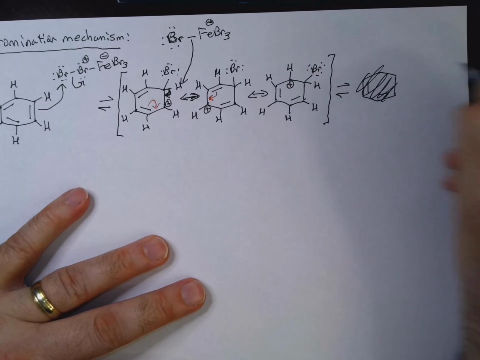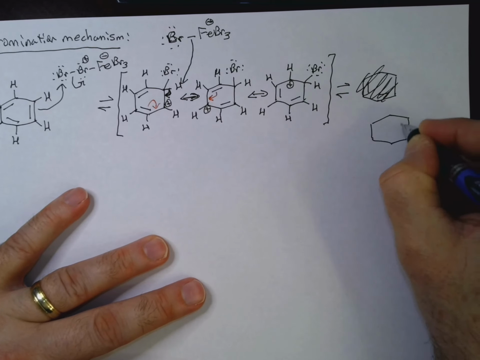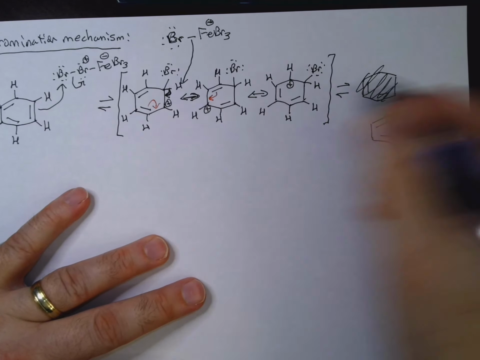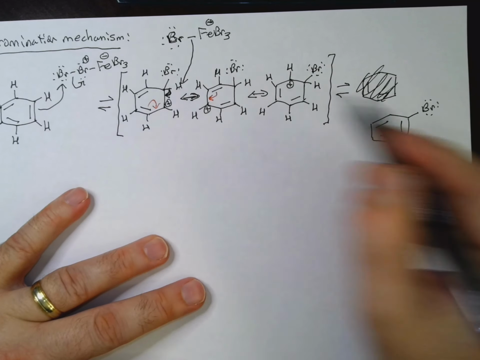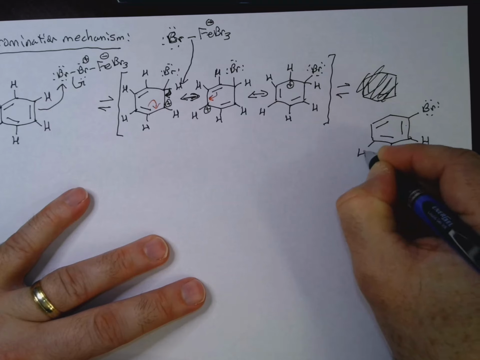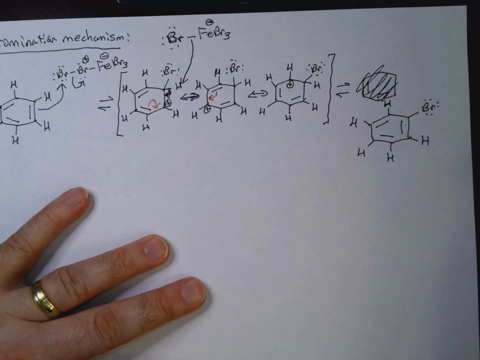Oops, sorry, I screwed that up there. Let's draw it down here. I mean, it would be the same anyway, but I just want to show you consistently where things are. So I'm pulling off that proton, electrons go there, regenerate that bond. Sorry about that. Plus HBr.